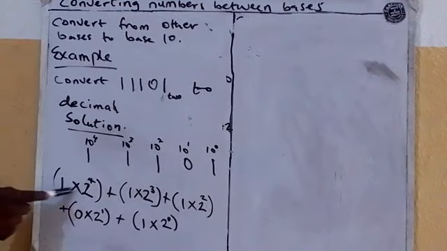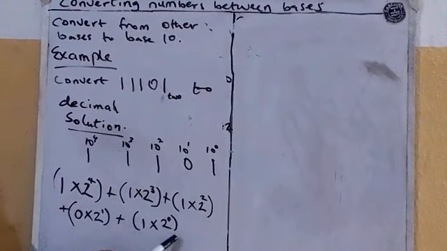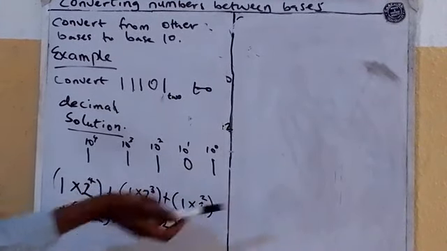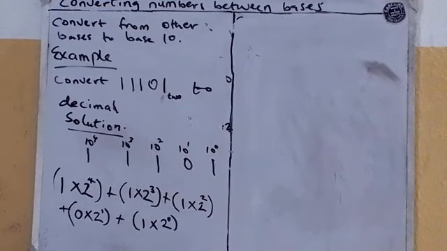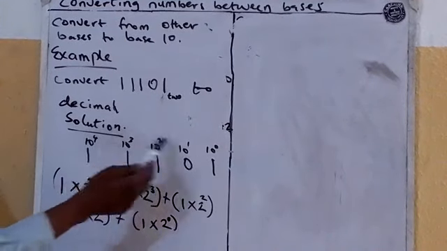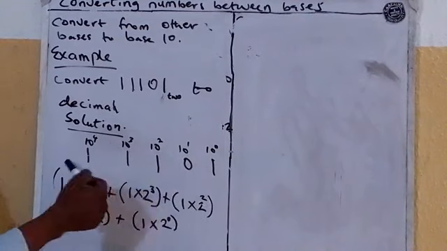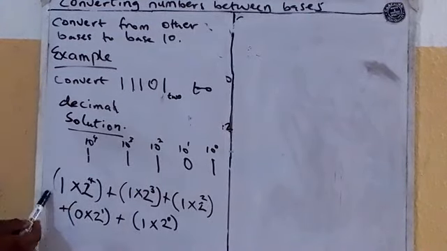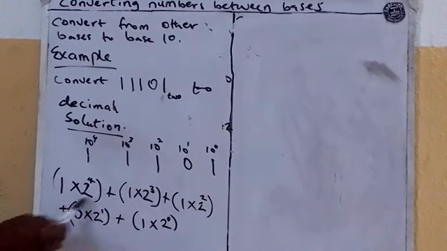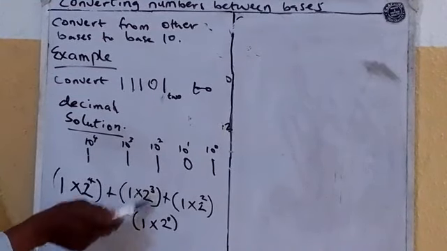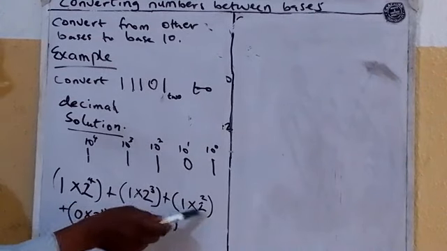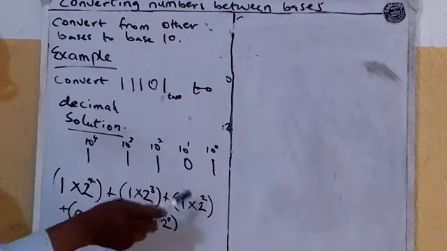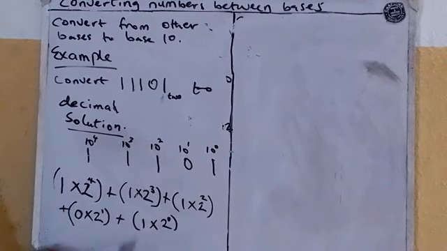You can just write it out like this and start from the last one and put 0 here. 1, 2, 3, 4. See, it's increasing. If you don't want to start memorizing how the positions are, just expand. Do your expansion. 1 times your base, you close the bracket, plus the second digit times your base, plus the third digit times your base, and so on. You close all the brackets. Pair them in twos.